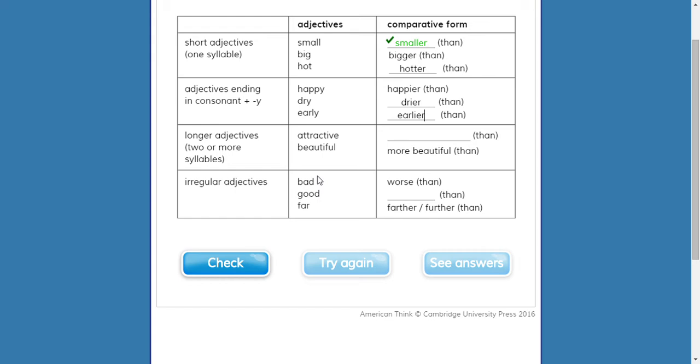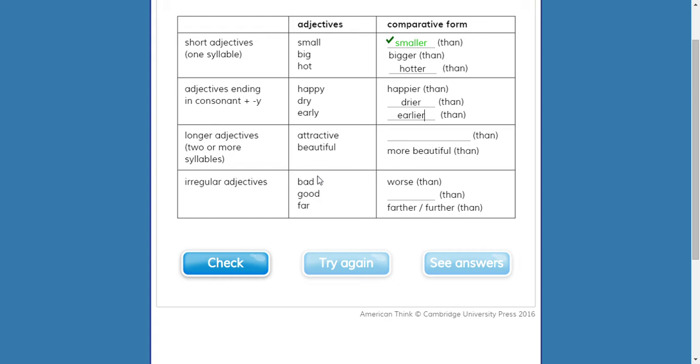The third rule says longer adjectives, two or more syllables. Remember, in this case you need to be careful, because there are adjectives that you can add er to, but in other cases you follow this rule. For example, attractive, beautiful, two or three syllables.